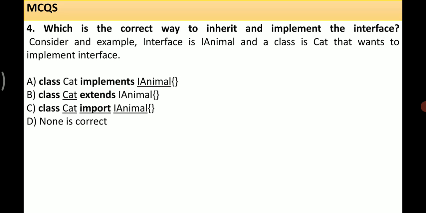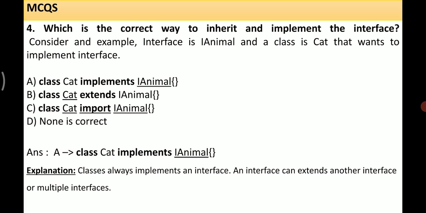The options given are class cat implements animal, class cat extends animal, class cat import animal, none is correct. The first option, class cat implements animal, is the correct answer. Classes always implement an interface, and an interface can extend other interfaces.